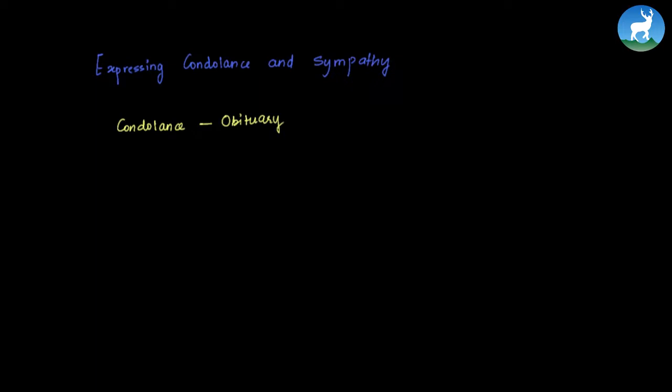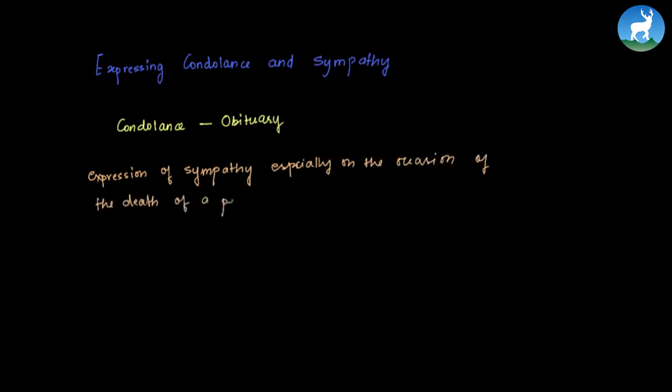A condolence is an expression of sympathy, especially on the occasion of the death of a person's relative or close friend. The Oxford Dictionary defines condolence as an expression of sympathy, especially on the occasion of the death of a person's relative or a close friend.